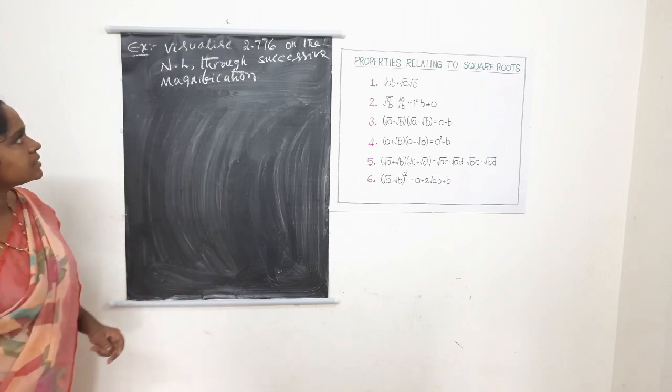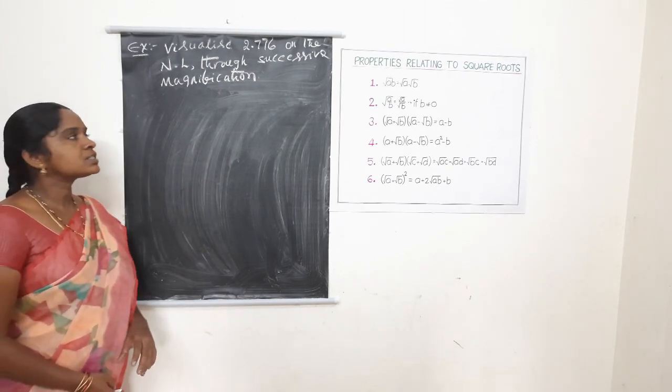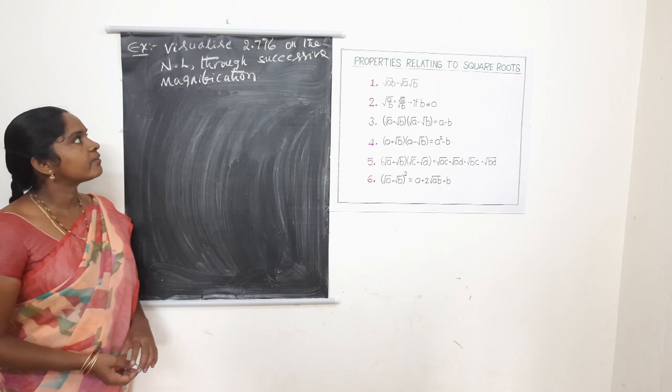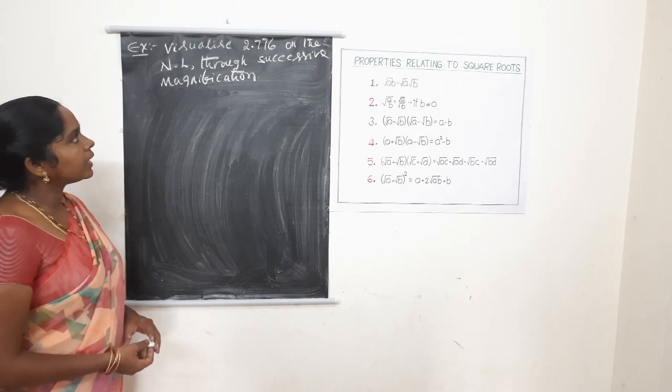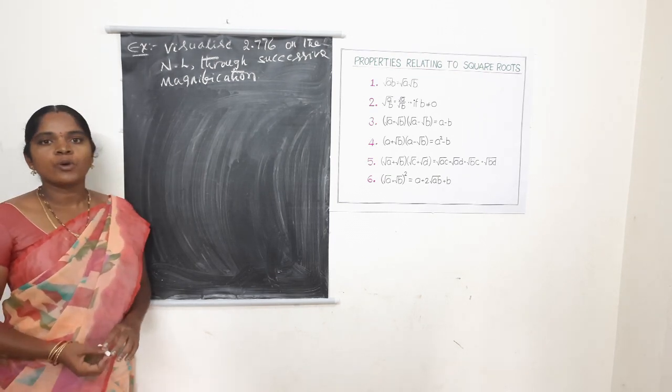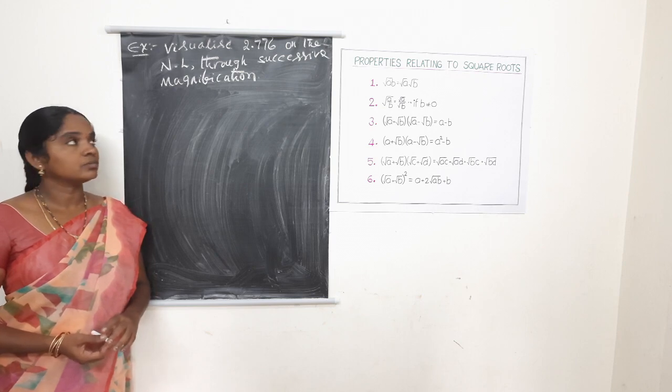First example is: visualize 2.776 on the number line through successive magnification.